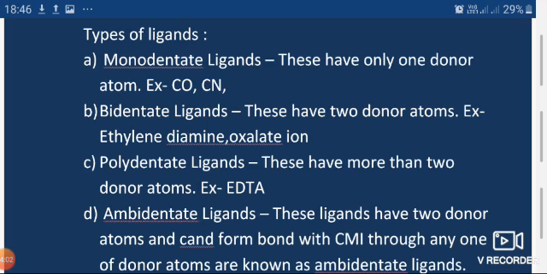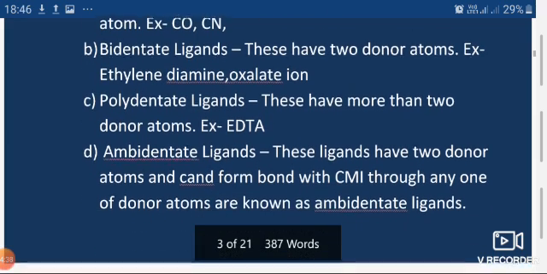The ligands that can bond with the central metal ion through more than 2 atoms are known as polydentate ligands. You can also say that polydentate ligands have more than 2 donor atoms, and the example is EDTA. What is EDTA? Ethylene diamine tetraacetate.